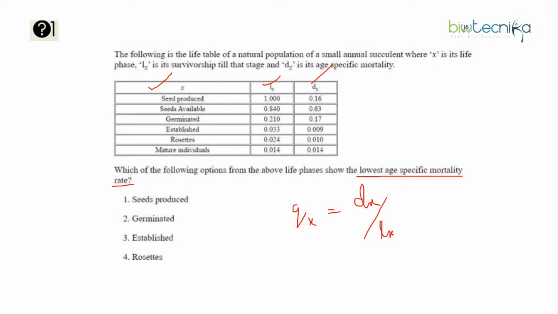So life table is very important. You get different kinds of questions from life table and it comes under the chapter population ecology. So there are many things to study from your population ecology. You have a lot of numerical questions which can be asked as well as theoretical and graphical questions from this chapter. So you can have the dispersion.